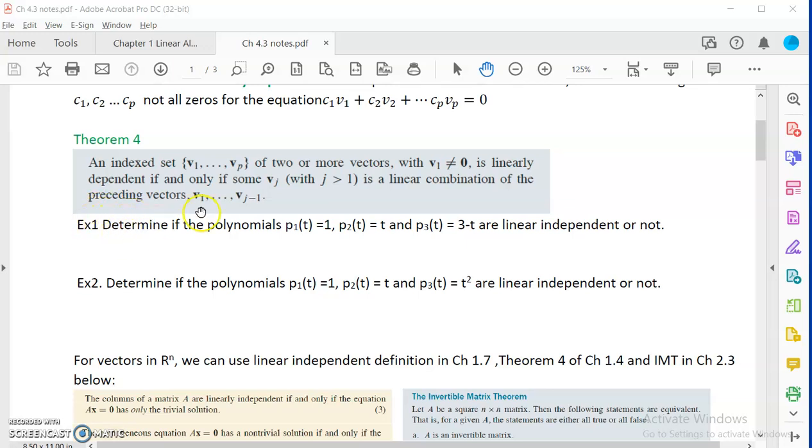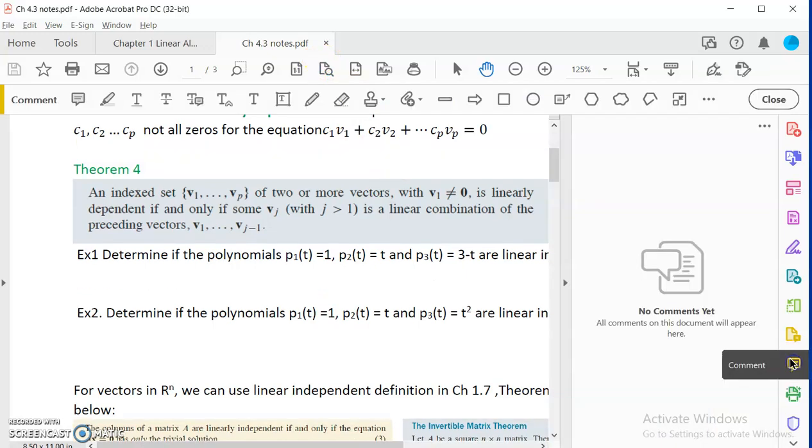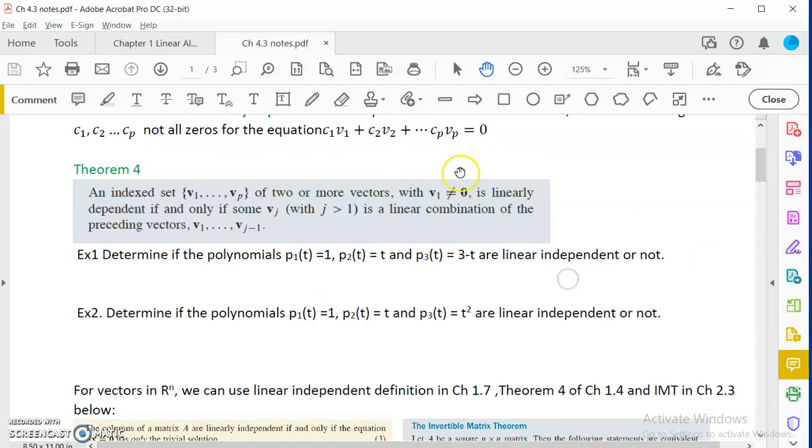So let's do an example to illustrate how this works for non-Rn. In Rn, we talked about this in 1.7, so this is the same as what we talked about in 1.7 if you are considering a subspace of Rn. For non-Rn, such as polynomials, let's check how to determine if things are linear independent or dependent. For example, I have a set of 3 vectors: p1 is 1, p2 is t, and the third one is 3 minus t.